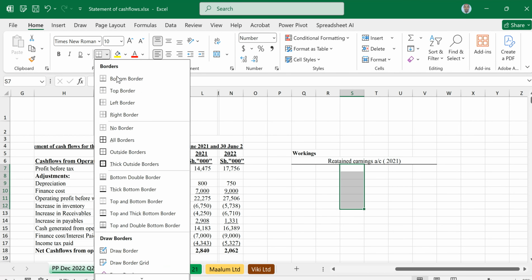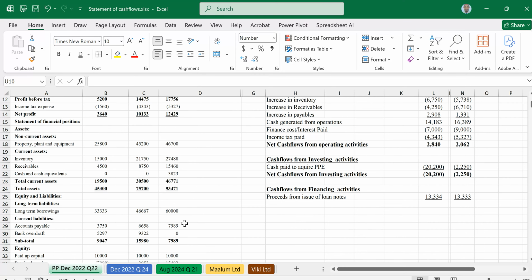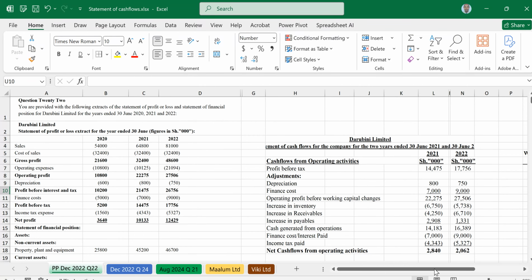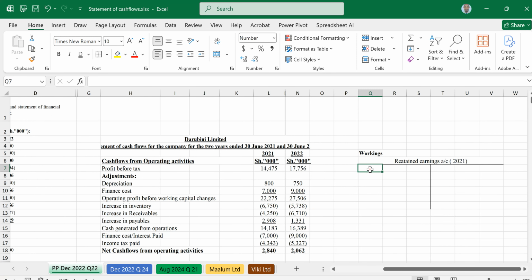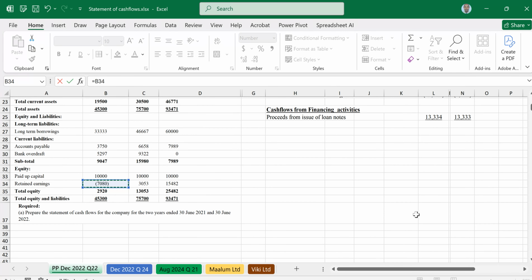Now, if you look at 2021, the balance brought down is negative. So negative means the balance brought down is on the debit side. Normally balance brought down should be on the credit side, a normal balance. So this was a loss of 7,080.